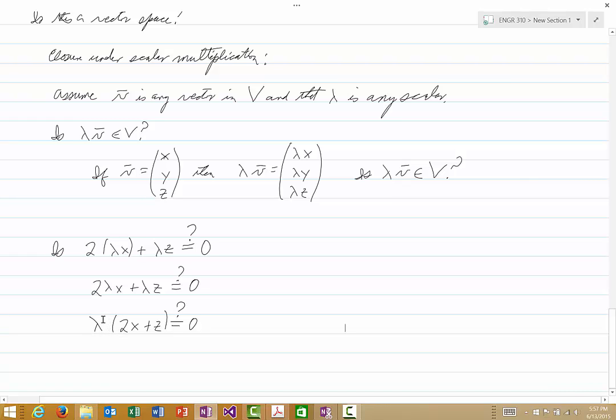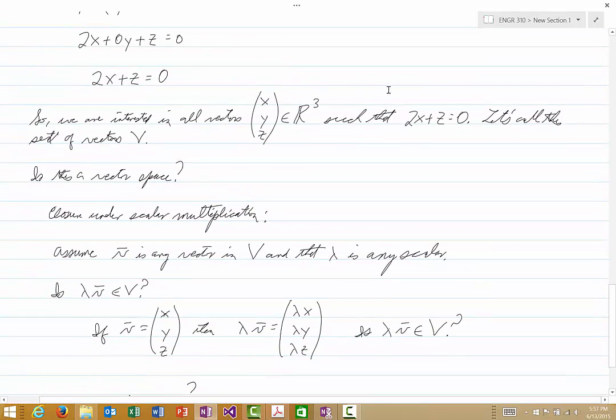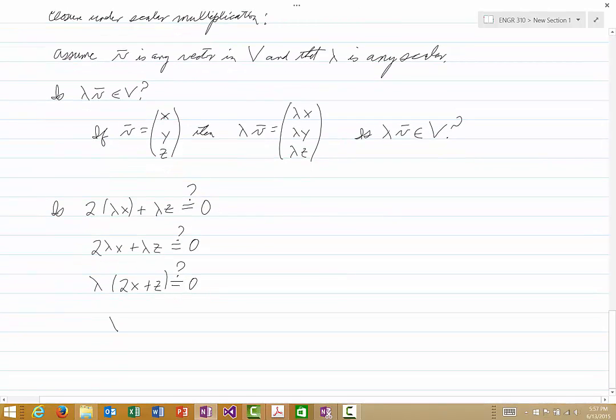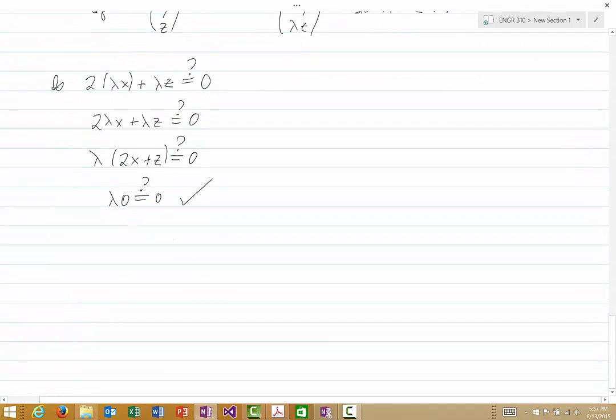And so for this to be true for any lambda, it must be the case that 2x plus z is equal to 0. But that is exactly what we already know, because if this vector little v is in the set capital V, then that means it satisfies the criterion 2x plus z equals 0. So since we know that 2x plus z is equal to 0, then we can write lambda times 0 equals question mark 0. And of course, that will be true for any lambda. So this set, capital V, is indeed closed under scalar multiplication.